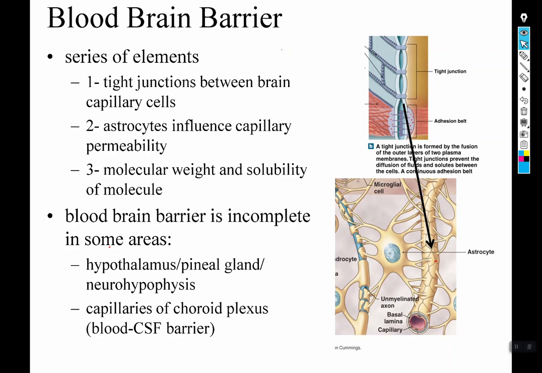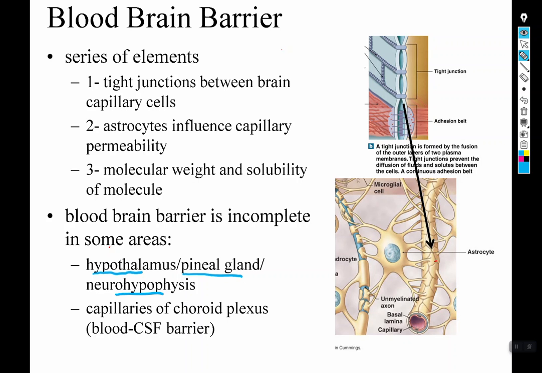And the other areas are, of course, the areas of the brain that are also endocrine. So endocrine glands perform their function by creating signaling chemicals and dumping those chemicals into the blood.